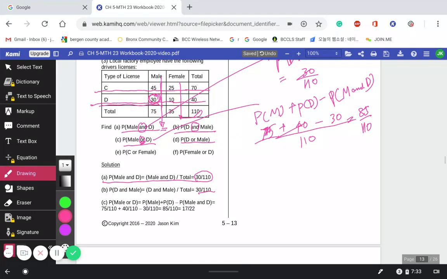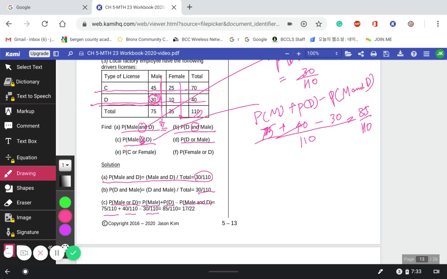Now the D and male, the one who has a D license and male. So male or D is male plus D and take away male and D. So you get 75 out of 110 plus 40 out of 110 minus 30 out of 110.